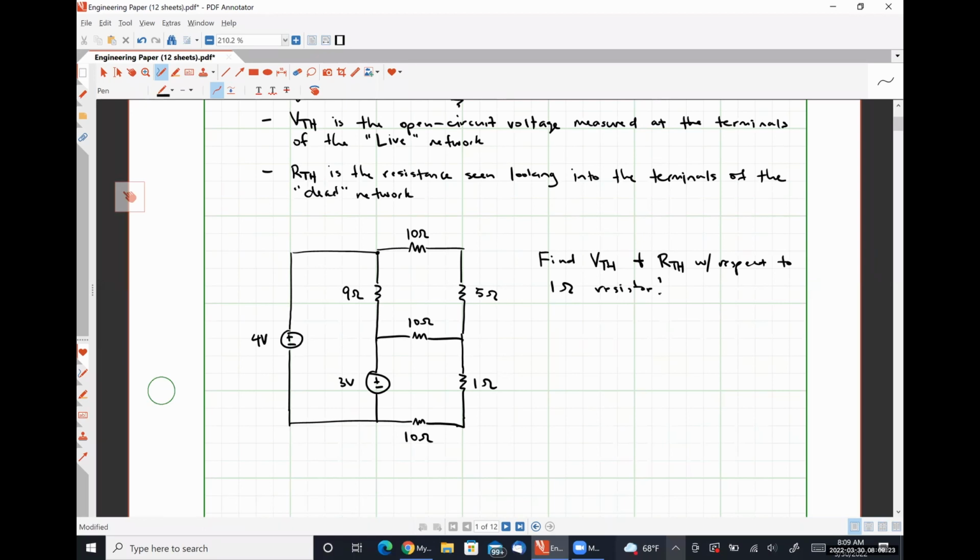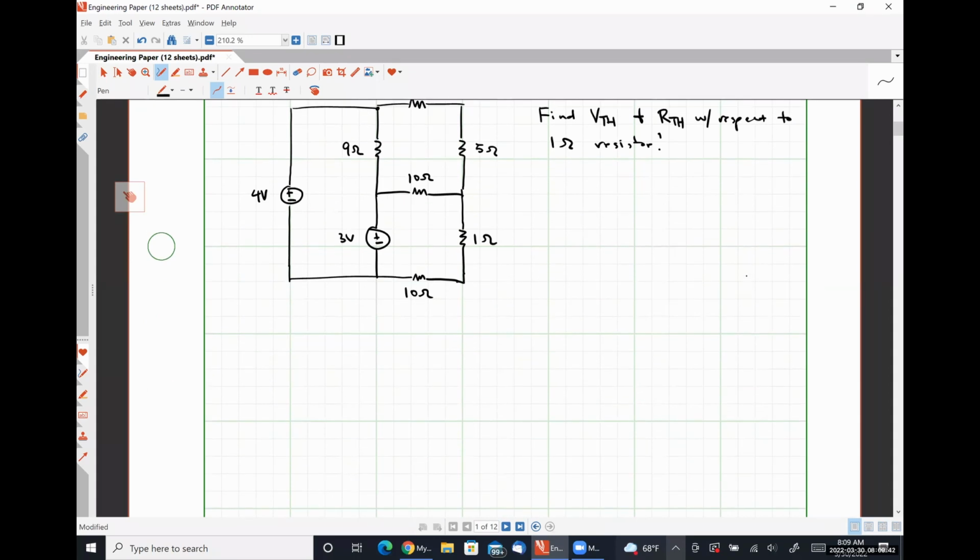So if we're going to use the Thevenin equivalent circuit method, we need to make this a 2-terminal network, okay? We are going to do that by removing the 1 ohm resistor. Okay. So if I'm finding the Thevenin equivalent circuit with respect to a particular circuit element, I take that circuit element out, meaning that I replace it with an open circuit.